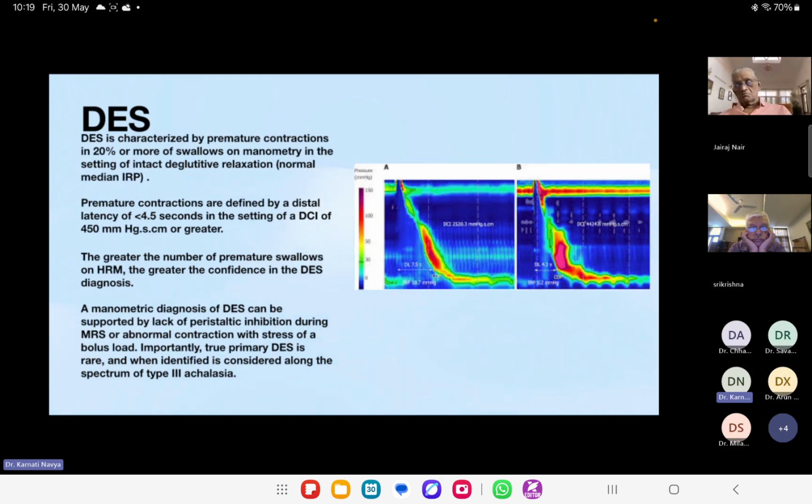A manometric diagnosis of esophageal spasm can be supported by lack of peristaltic inhibition during provocative manometry, or abnormal contraction with stress of a bolus load. Importantly, true primary diffuse esophageal spasm is rare, and when identified, is considered along the spectrum of type 3 achalasia.